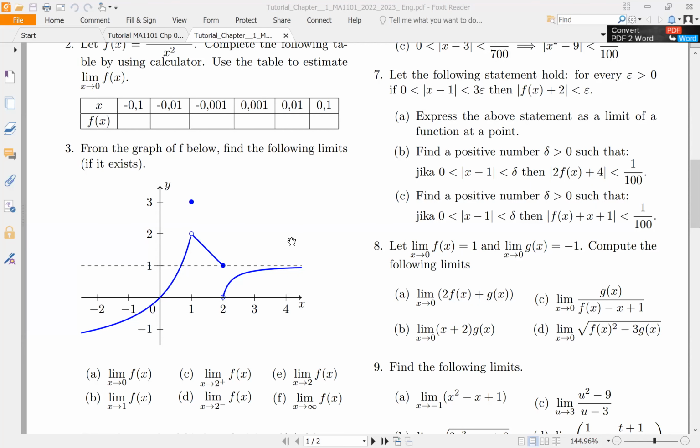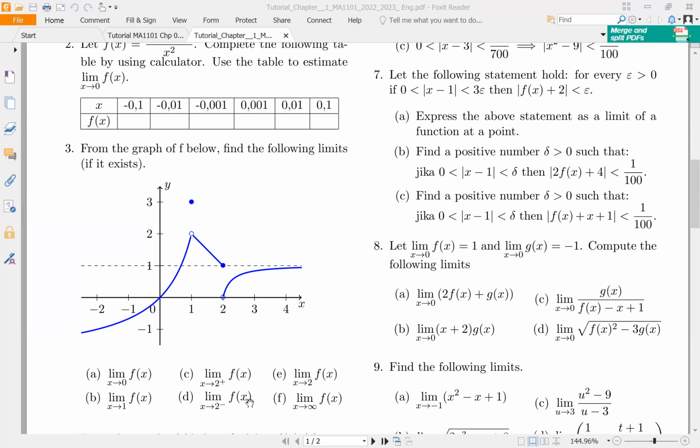Let us continue to the next chapter about the limit. For the limit, a typical example will be to calculate the limit of a function by using the graph of the function.